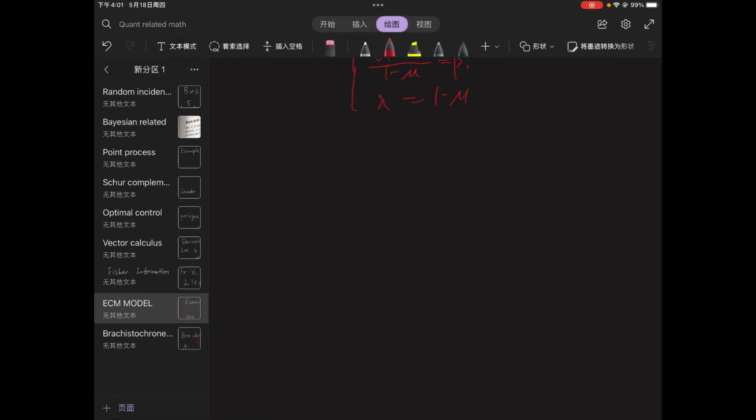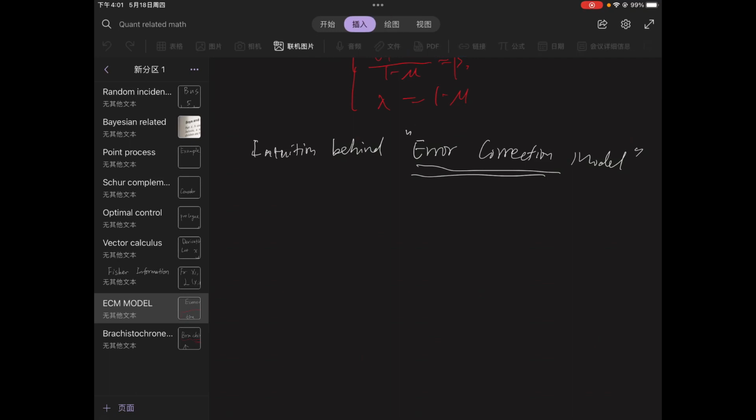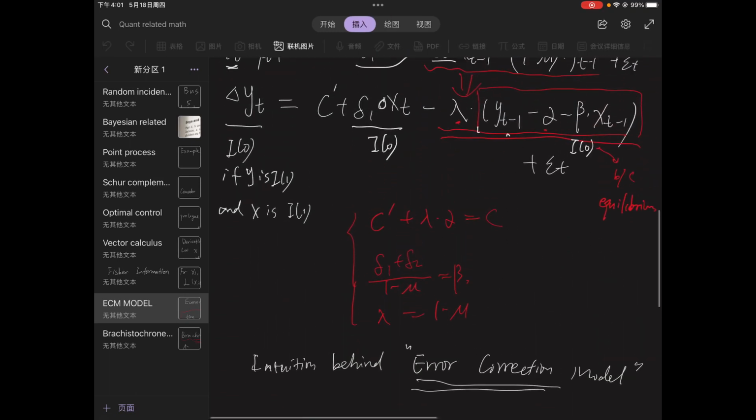And then why is this useful? So what's the intuition behind this name, error correction model? It's because here we see this equilibrium, right?